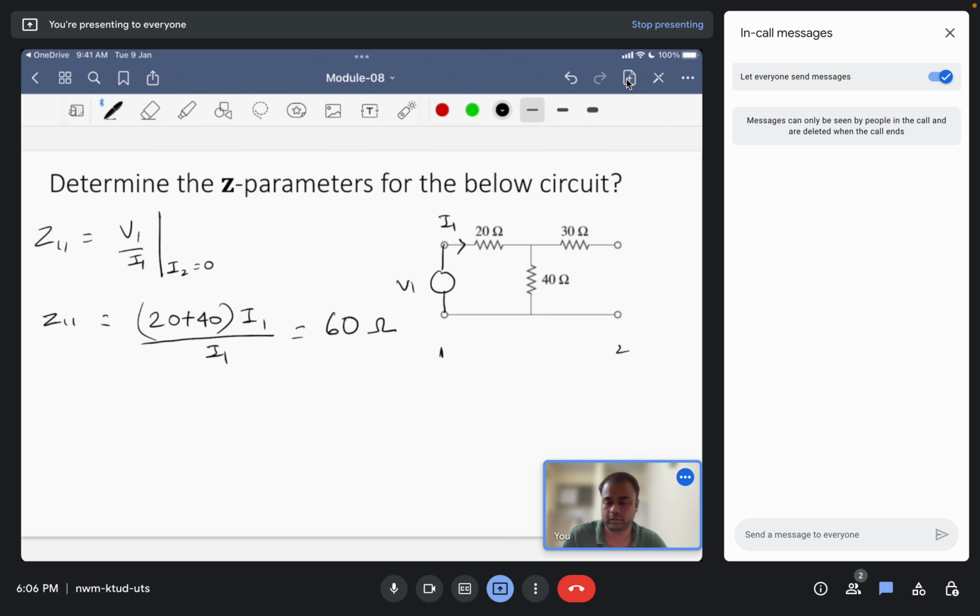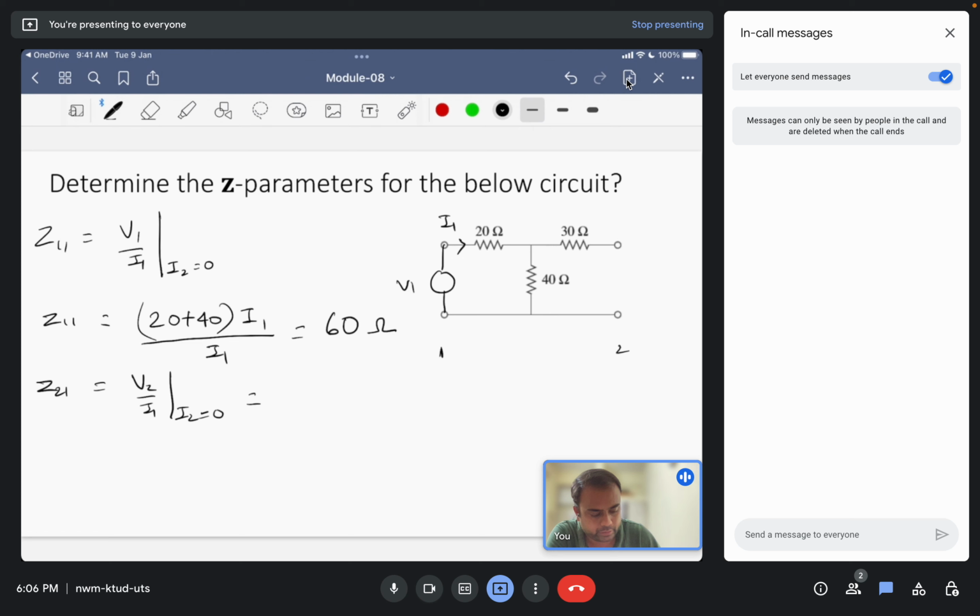Now we'll calculate Z21. Z21 is V2 by I1 given I2 is equal to 0. So here we have to take I2 equal to 0, the same case again. The voltage drop across the 40 ohm resistor will be V2.